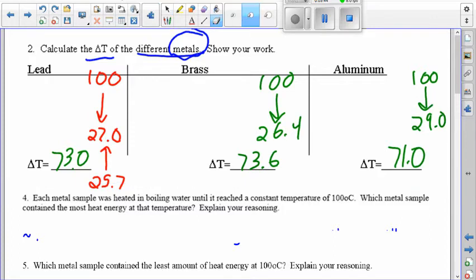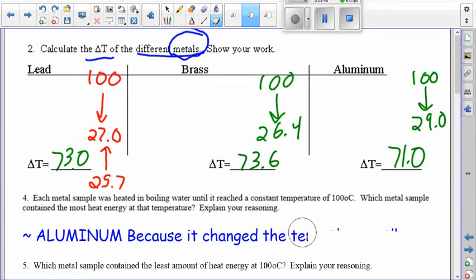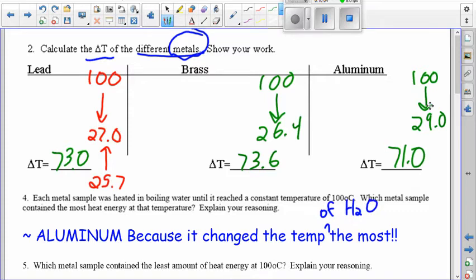And how do we know? Because it changed the temperature of the water the most. Okay? Its water's temperature went up the most. It went up more than twice as much as the other two, in fact. Change the temp, I should probably insert, of the H2O the most?